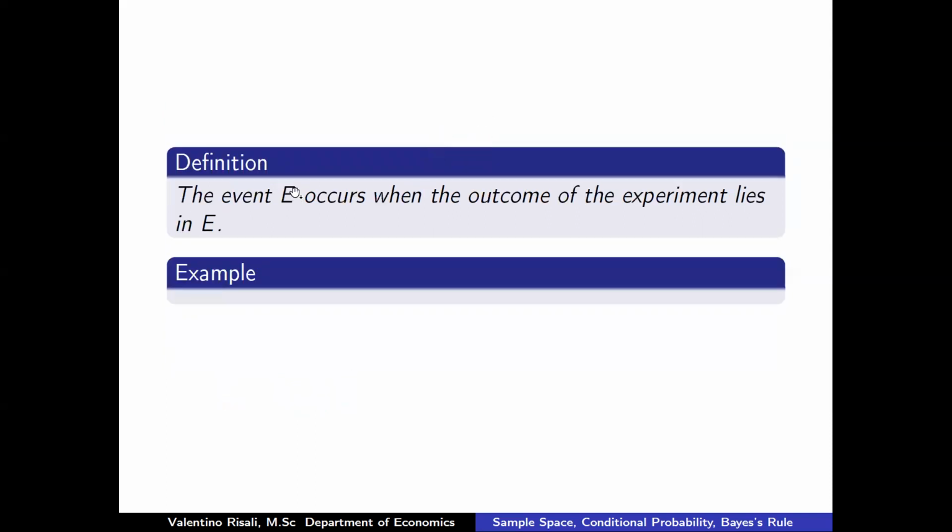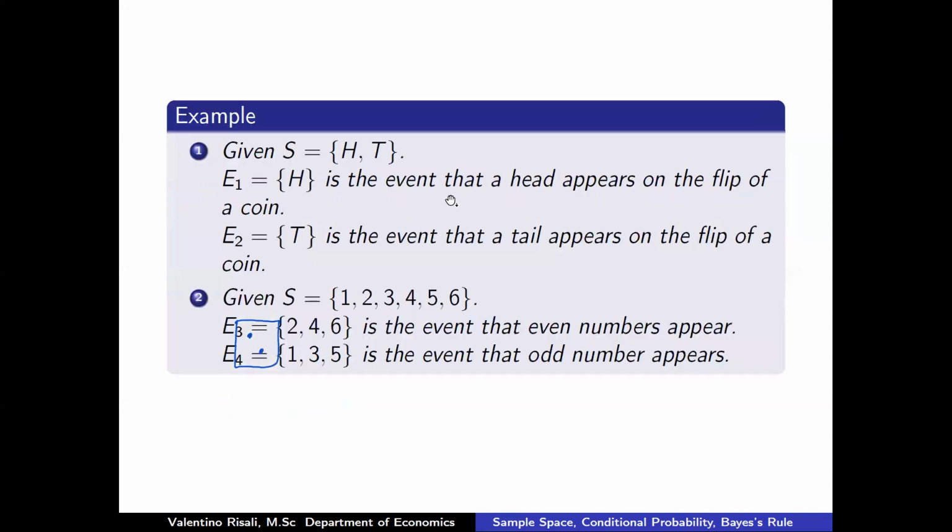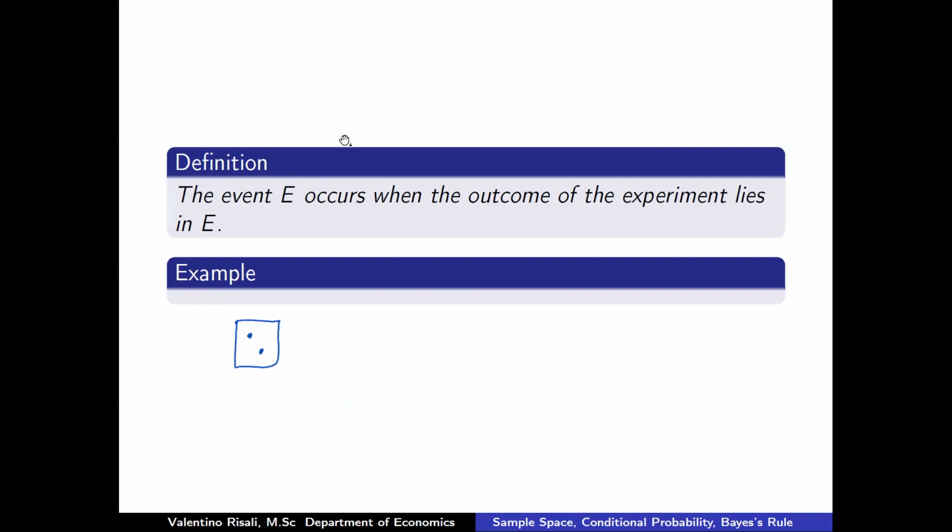Then we say that the event E occurs when the outcome of an experiment lies in E. For example, if we roll a die and the upper face shows 2, and from the previous example, 2 is an element of E3.